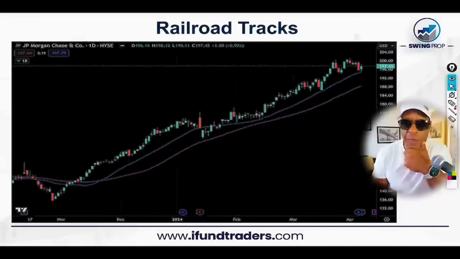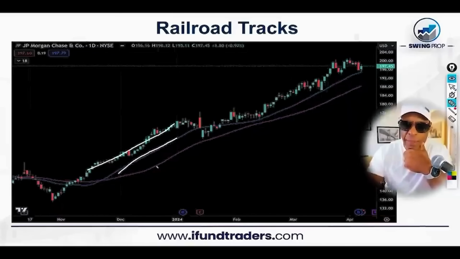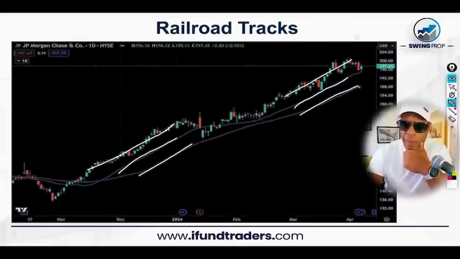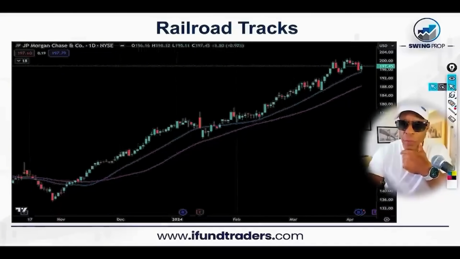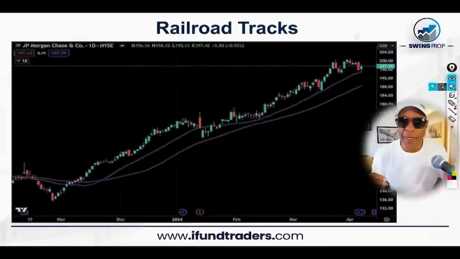Here's another stock, JP Morgan, another daily chart, railroad tracks for the most part. All right, perfect railroad tracks, a 3-finger spread here at an almost 45-degree angle. When you've got your railroad tracks, and this is the main reason for using the 20 and the 40, it's the best combination for railroad track reading.